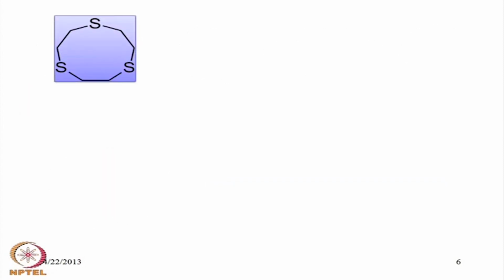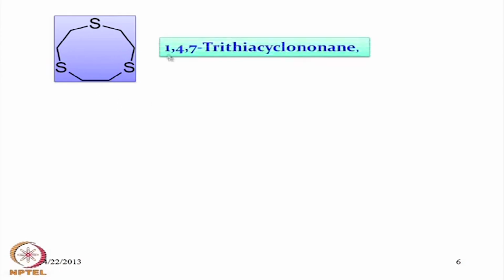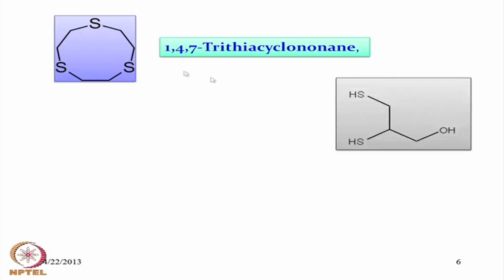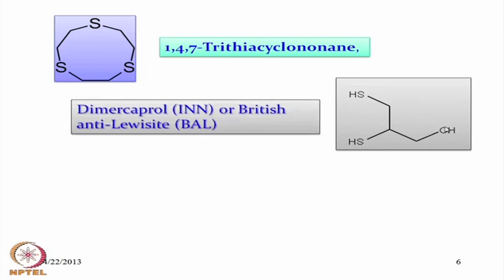So, this oxygen can also be substituted by sulfur, which gives rise to 1,4,7-trithiacyclononane, like that of our TACN molecule, where all the sulfur groups were occupied by NH functions. Then this is also a related ligand compared to this one, which is a cyclic one, but this is an acyclic one bearing 2 sulfur and 1 oxygen donor, which is well known for binding the heavy metal ions.